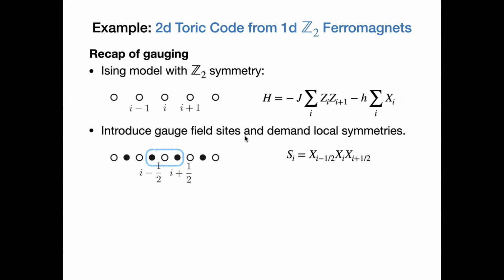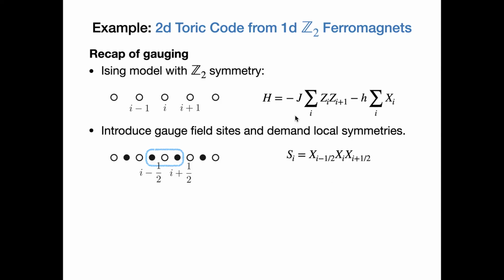The first step of the gauging is that we introduce gauge field sites, namely these black sites, in between the original matter field sites. And then we demand a local Z2 symmetry generated by these operators, S sub i. This operator acts on these three sites. It has a Pauli X acting on one matter field site and two Pauli X acting on the two neighboring gauge field sites. It's the analog of the Gauss's law operator in U1 gauge theory or in electromagnetism.